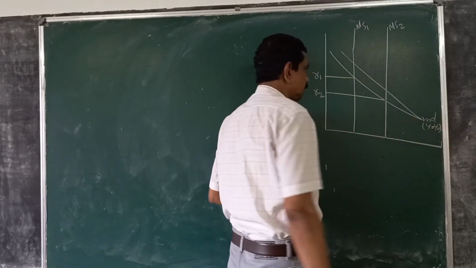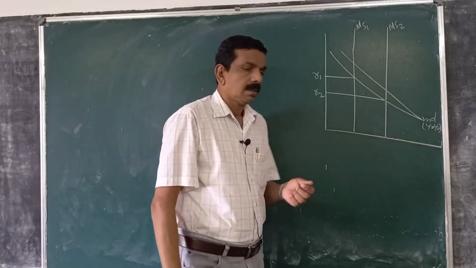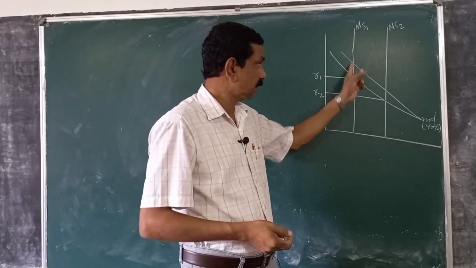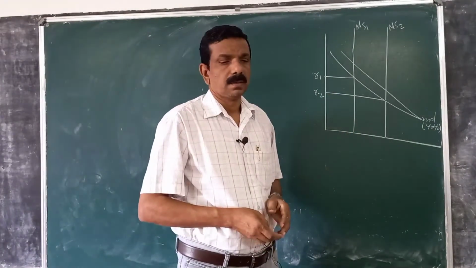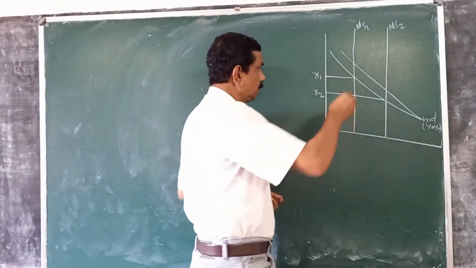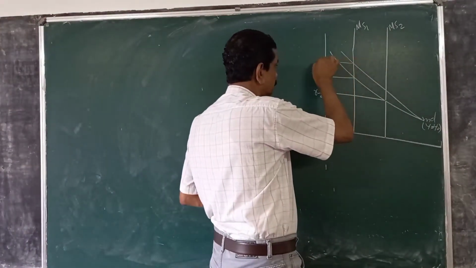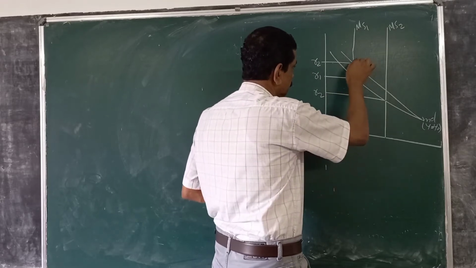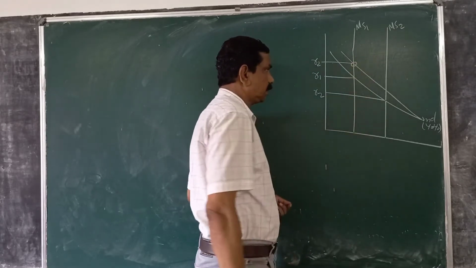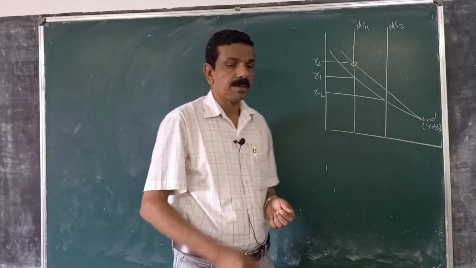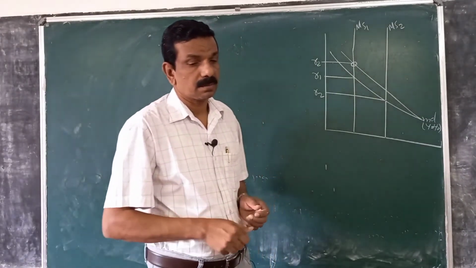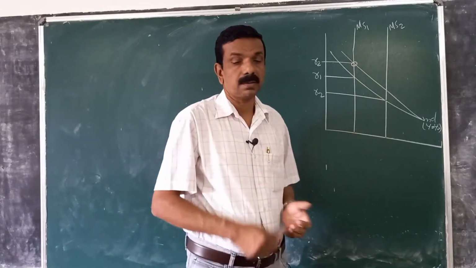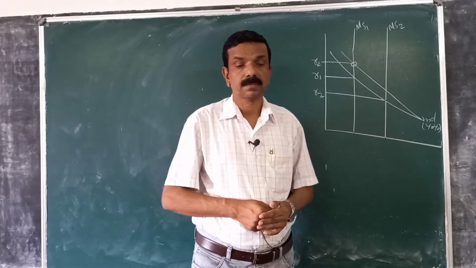Now, as you can see, equilibrium requires that the interest rate increases to R2. That is, equality between demand for money and supply of money is re-established only at a rate of interest equal to 8%, not at 10%.